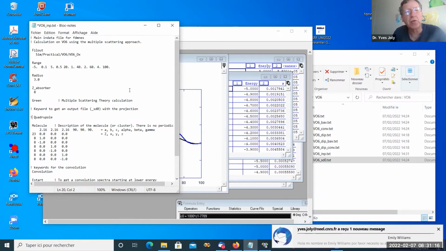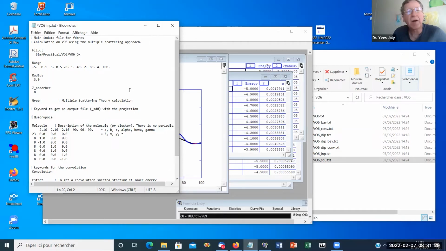You have to know that quadrupoles are not negligible only if you are at a rather high photon energy, typically below 40,000 eV. Typically, there is no quadrupolar effect. So at the oxygen K edge, you have no quadrupolar effect. So if you keep it, it doesn't matter, in fact, but you can just suppress it. So you could run that.